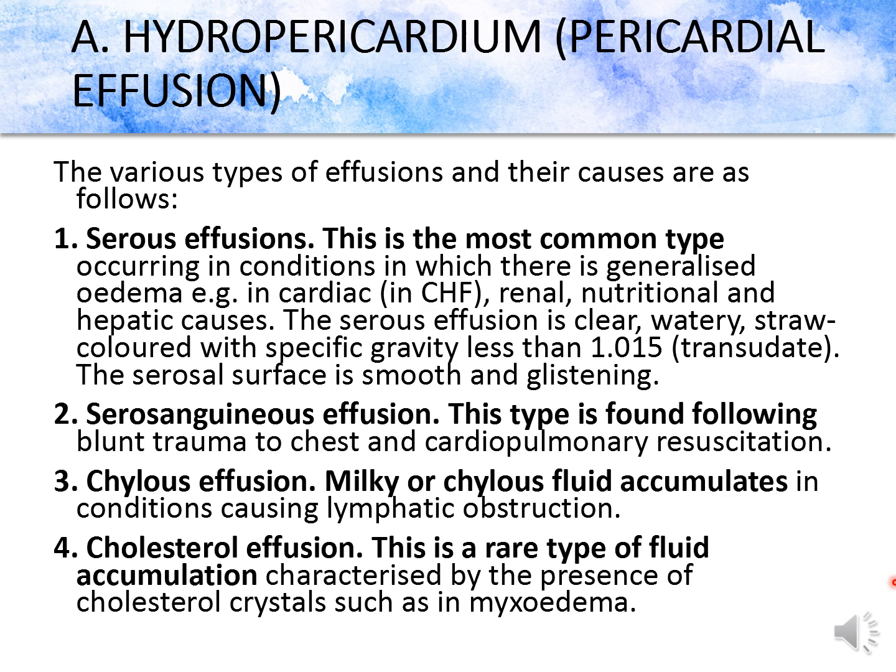Serosanguineous effusions, for example, we see such situation in blunt trauma to chest and cardiopulmonary resuscitations. Chylous effusions, we see milky or chylous fluid accumulates in conditions causing lymphatic obstruction. Cholesterol effusion, this is a rare type of fluid accumulation characterized by presence of cholesterol crystals such as in myxedema.